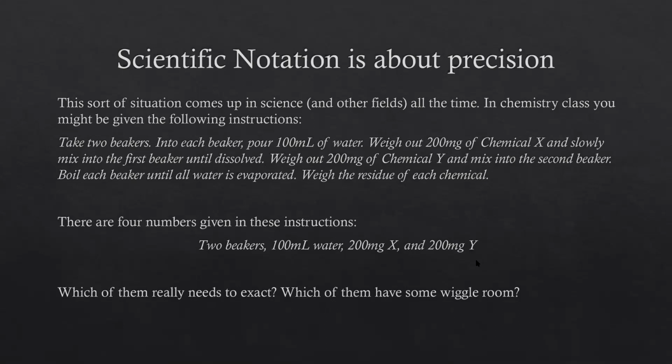So in those instructions there, we've been given four numbers. We've been given 2 beakers, 100 mils of water, 200 milligrams of chemical X, and 200 milligrams of chemical Y. And I want you to just think about which of them really needs to be exact, and which of them it does not really matter that much, and we have a little bit of wiggle room on.